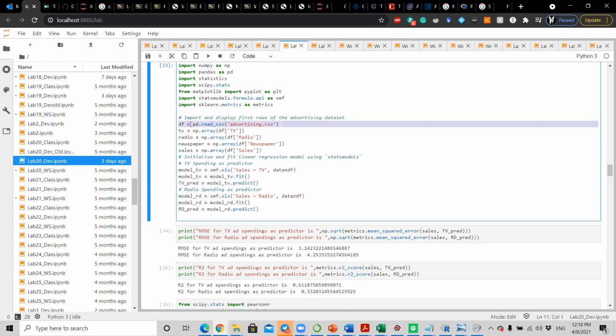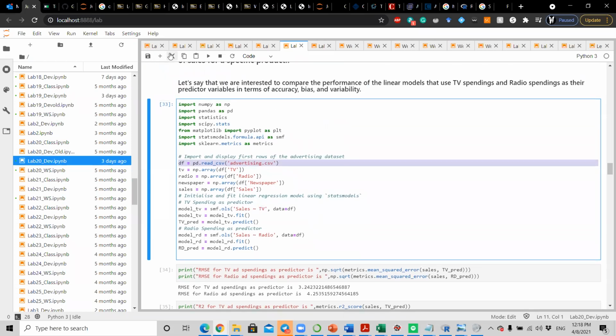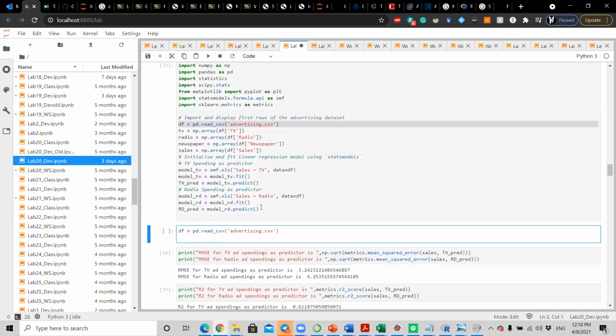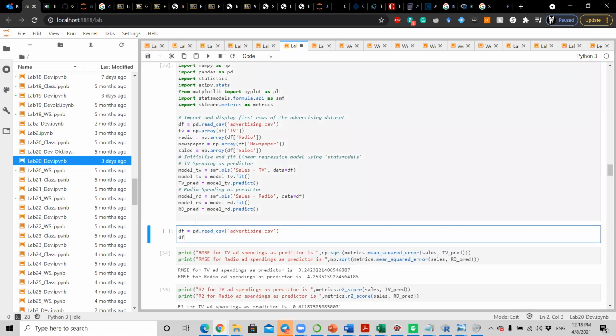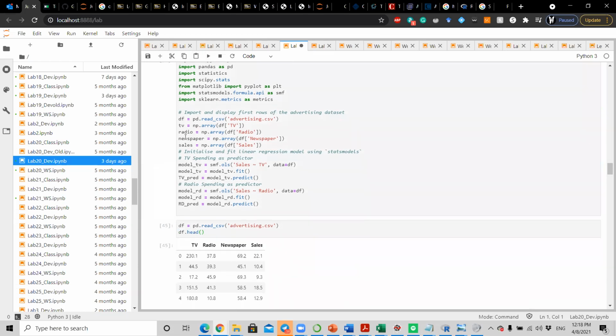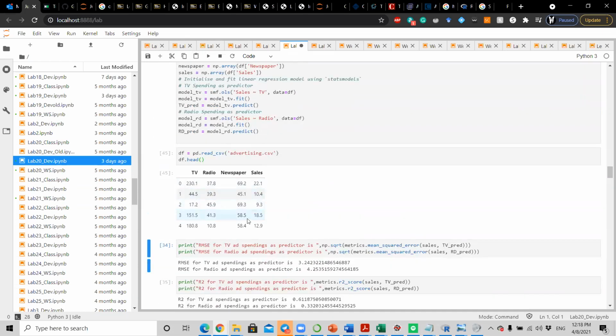Let me show you my data frame real quick. So this is how my data frame looks like. I have TV spendings, I have radio spendings, I have newspaper spendings, and I have sales. For a linear regression model, I need an input and an output, correct? Yes.